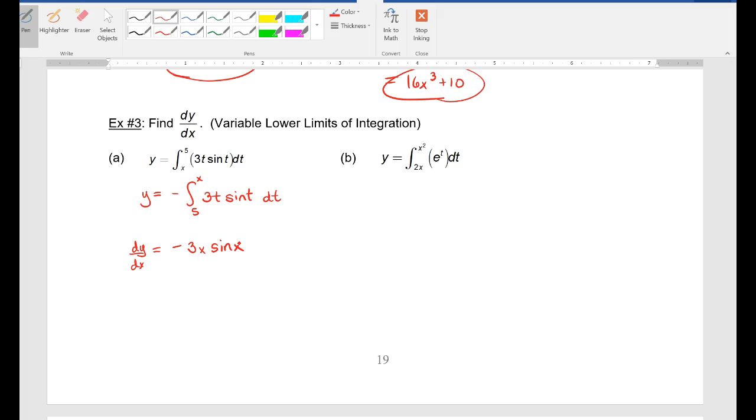Now, in part B, we have a problem because both the upper and the lower bounds have variables in them. So before I do anything, I want to break this up into two separate integrals. We know by the additivity property that we can break it up into two integrals as long as the upper bound of one and the lower bound of the other have the same number.